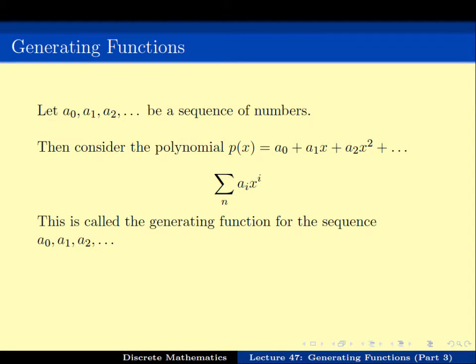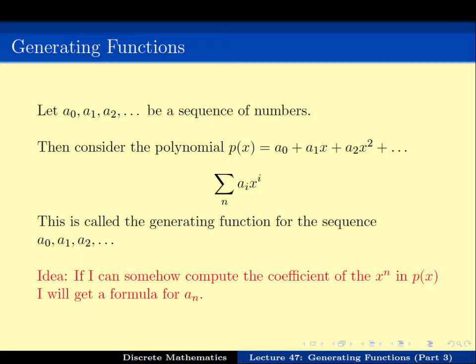This is called the generating function for this sequence. The idea is that if somehow we can compute the coefficient of x power n in this P(x), then we can get the formula for an.